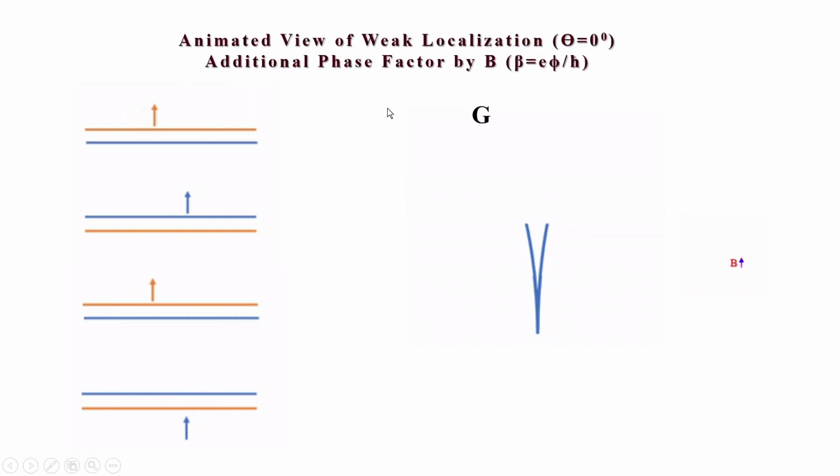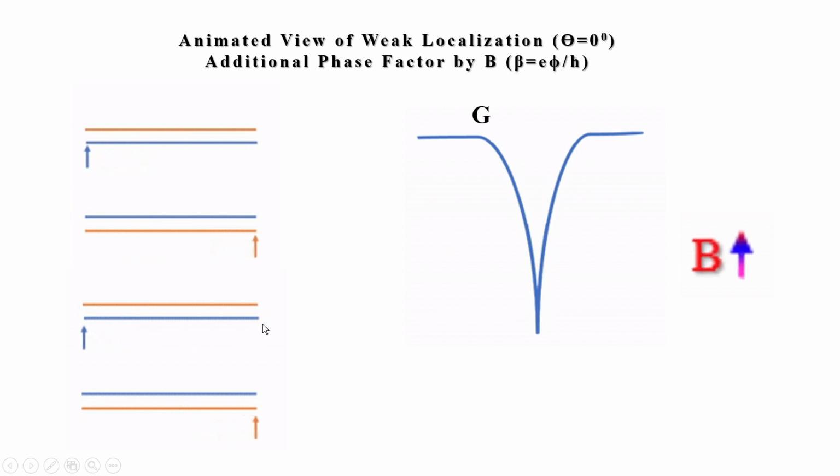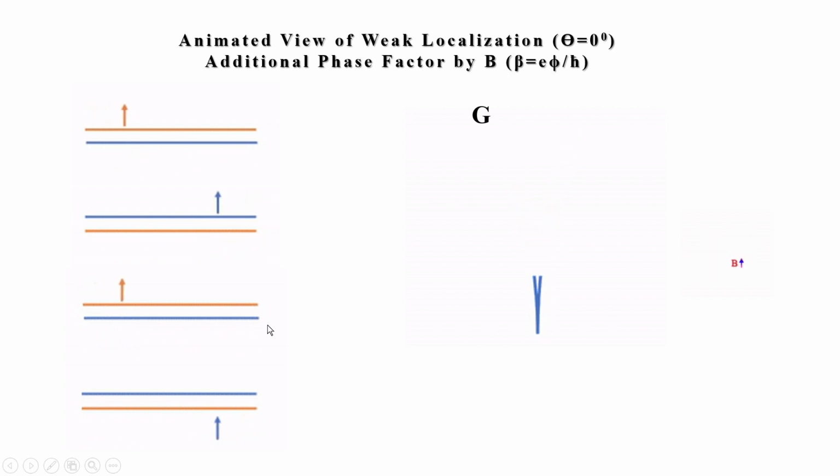This is the animation view of the weak localization signatures, in which the electrons are shown here with symmetric diagrams, and the electrons have the same spin. And these are the eigenstates, shown as yellow and blue.